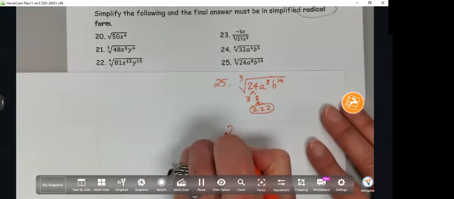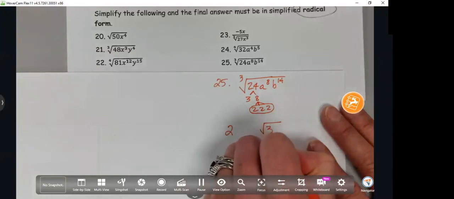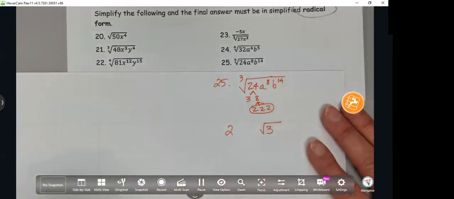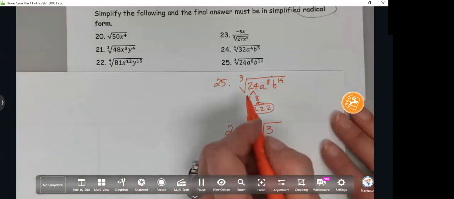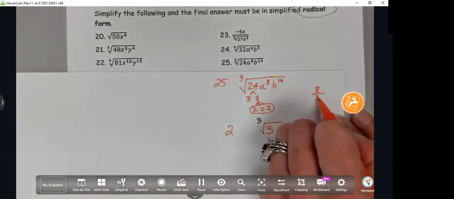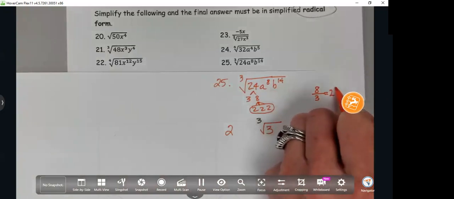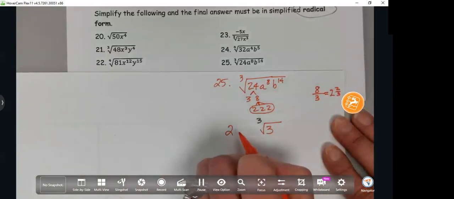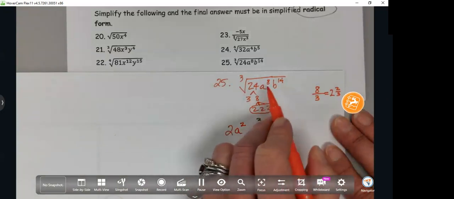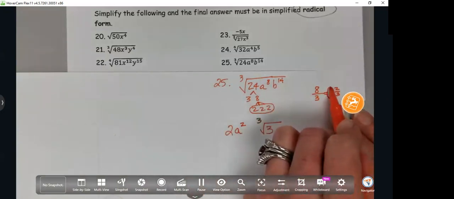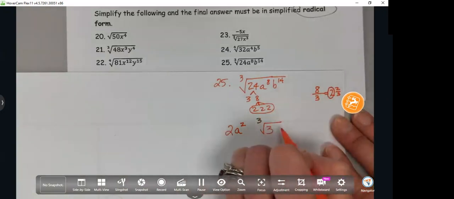So I can take the 2 out and I'm leaving the 3 in. This is my index of 3. 8 divided by 3 is 2 and 2/3. So this is going to be a squared, because that's how many I can pull out, and I'm left with 2.